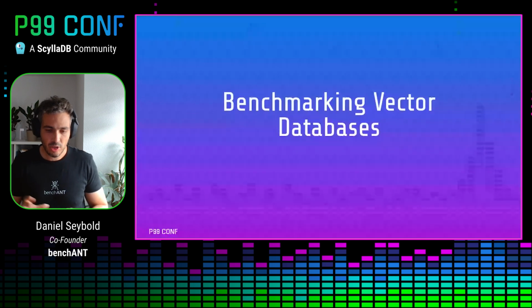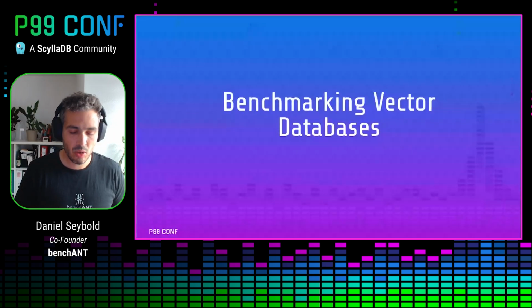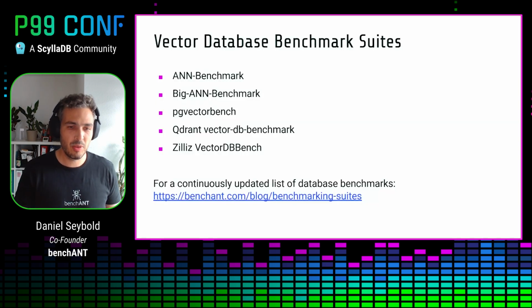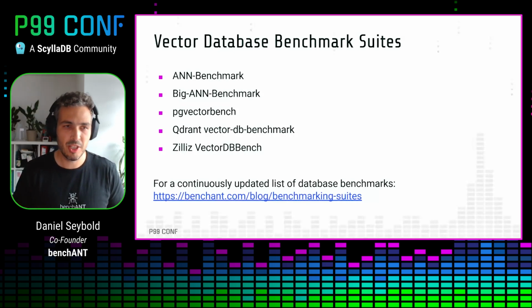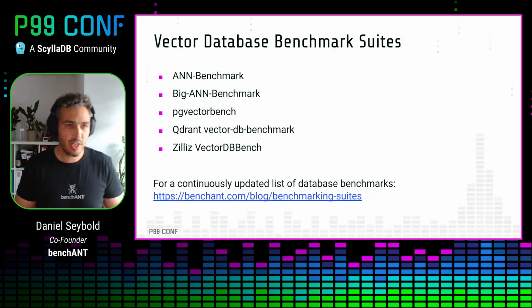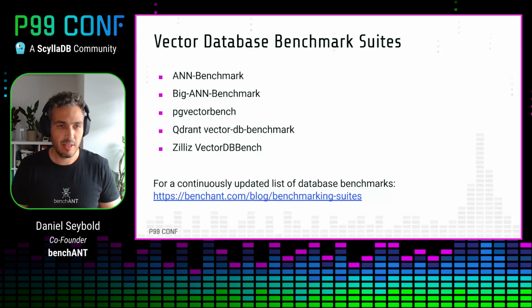The good news is that there are already benchmarking suites available that allow you to do that, because with the momentum of vector databases, a lot of benchmarking suites have been published, either by academia, by the community, or by vendors, that allow you to benchmark vector databases. Here I put down 5 of them. All of them support Postgres.